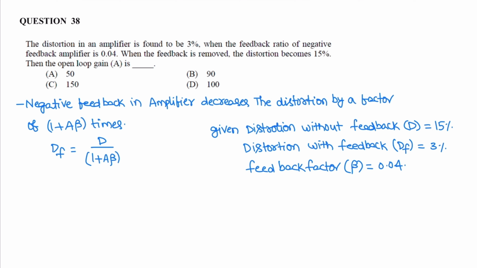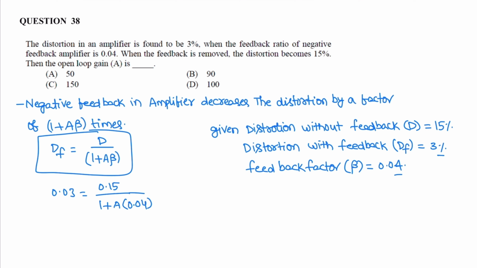Given: distortion without feedback is 15%, distortion with feedback is 3%, and feedback factor is 0.04. Substitute the values in this expression. Df is distortion with feedback, D is distortion without feedback. So 0.03 by 0.15 is 1 by 1 plus A beta, where beta is 0.04.